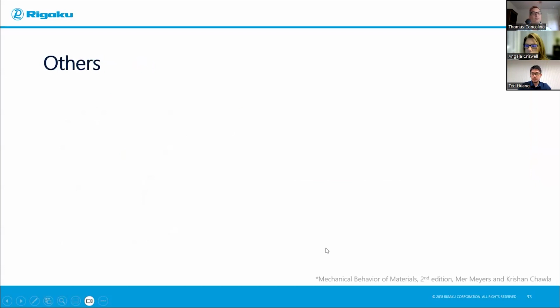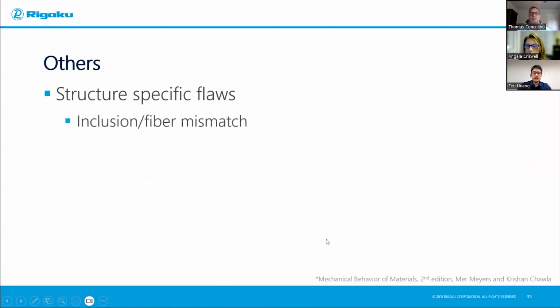Now, moving on to some other structural weak points. Some of them, like I mentioned, are more specific to the type of material or type of product that you have, but a lot of times they still lead to the same concept. What do I mean? Let's look at some structure-specific flaws. Sometimes you have inclusions or fibers, like a carbon fiber reinforced composite, right?